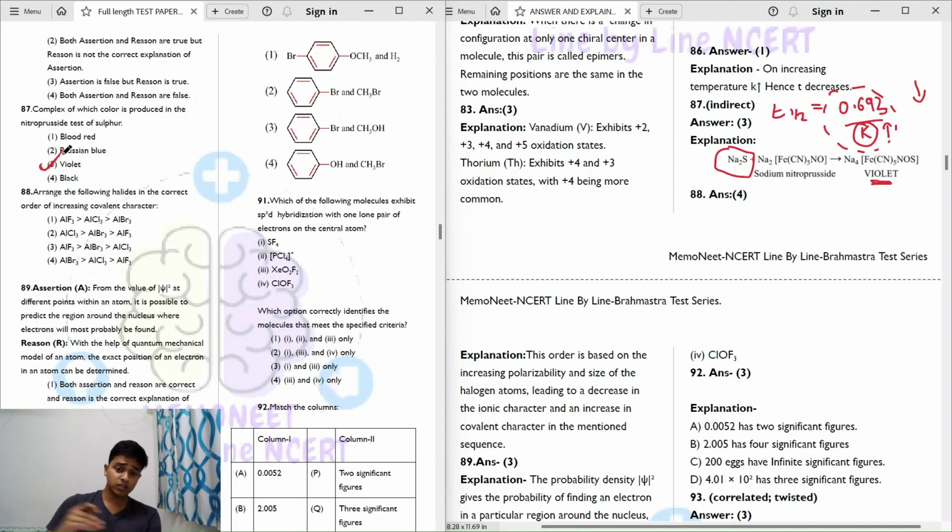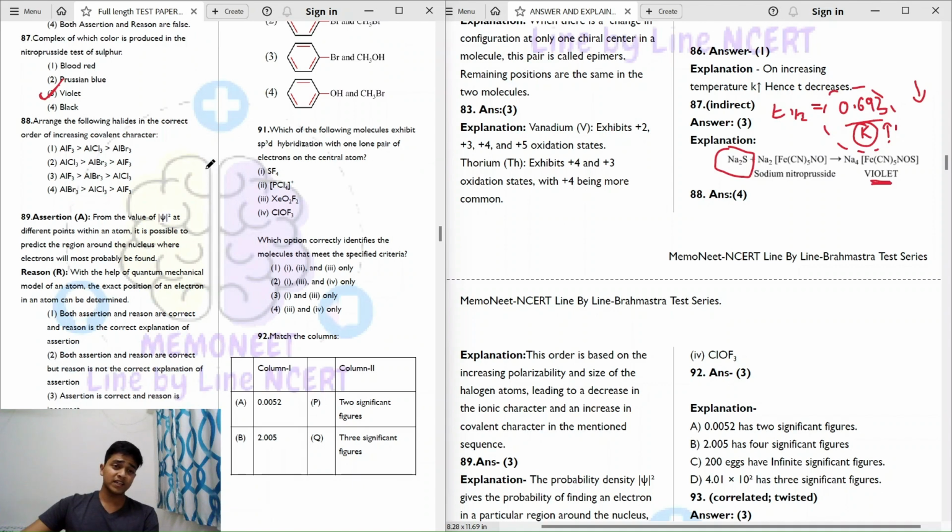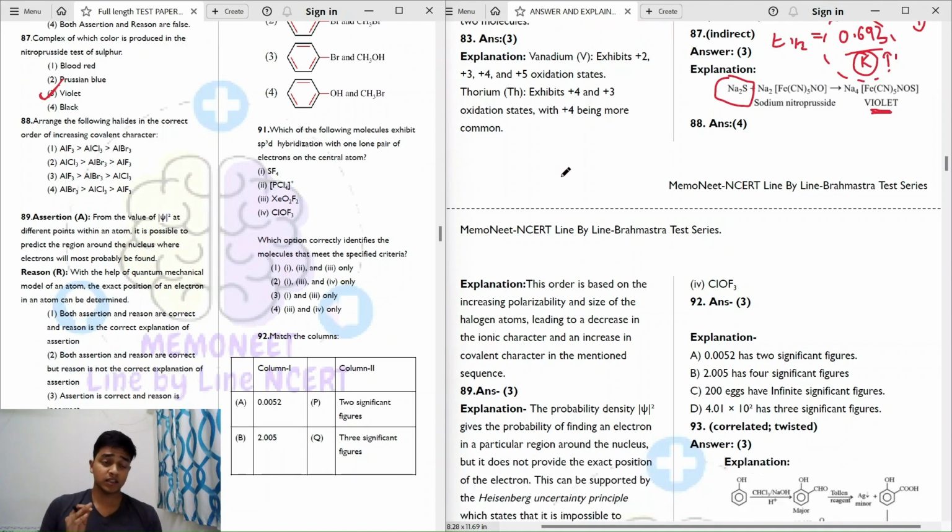Moving on to the next question, the question says arrange the following halides in the correct order of increasing covalent character. Okay, so the order in this question is based on the concept of polarizability. As the size of the halogen atom increases, the ionic character will keep on decreasing, right?